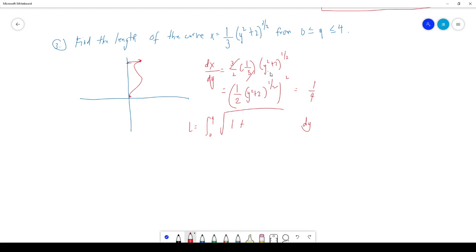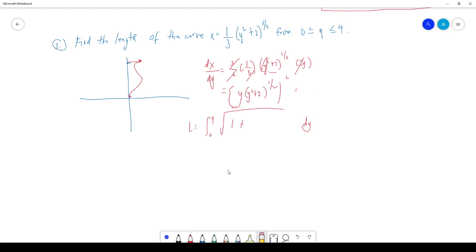This should be the chain rule. We forgot to differentiate the inside y squared, so that's 2y. So that's 2, cancel 2, 2, then the 1 half is gone, I'm sorry. What is happening to me? Okay, so 1 half, y squared plus 2 to the 1 half, then that's y.